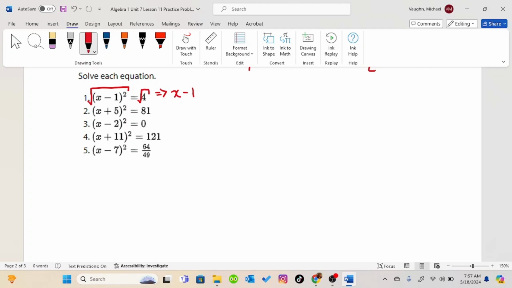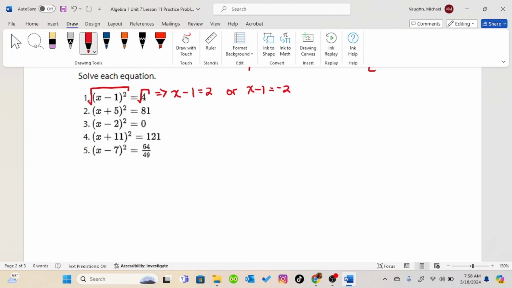If I take the square root of 4, remember that we get 2 answers when we take the square root. This is going to be positive 2 or negative 2.